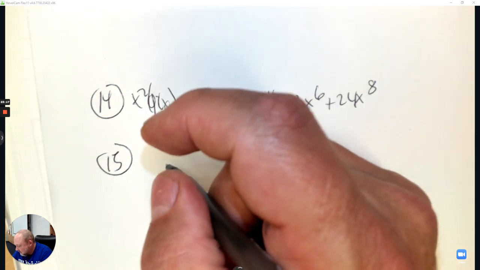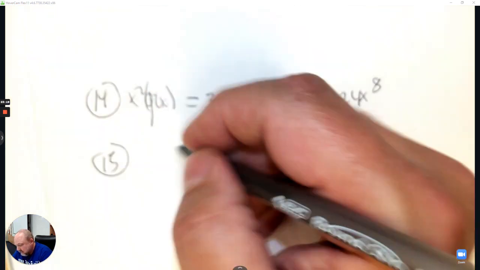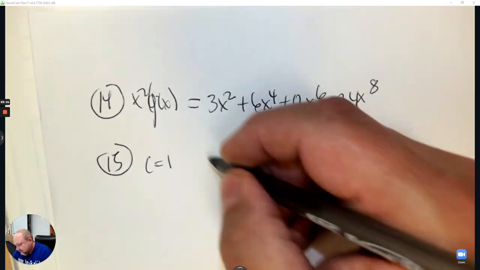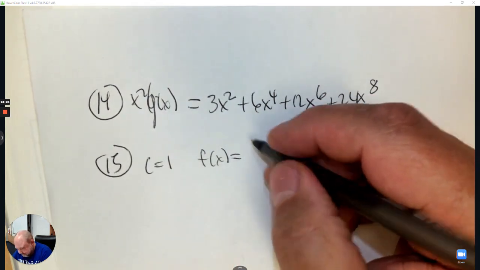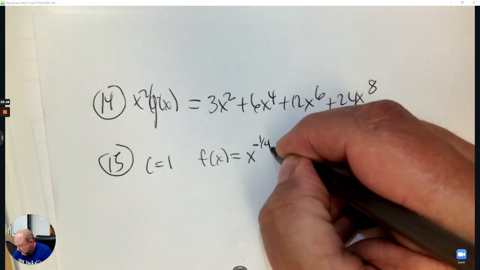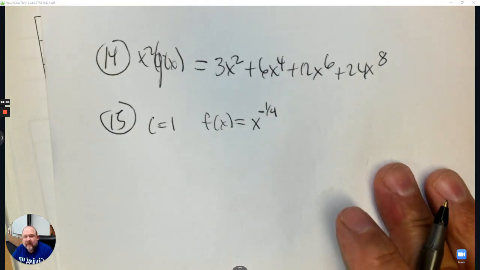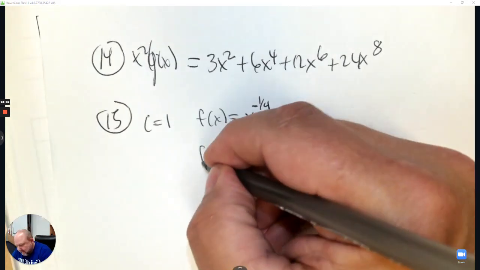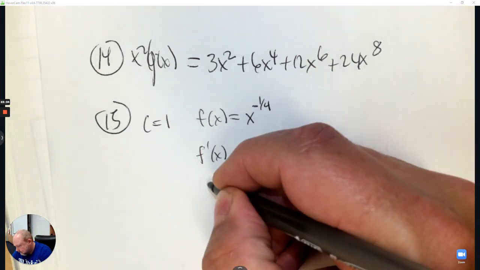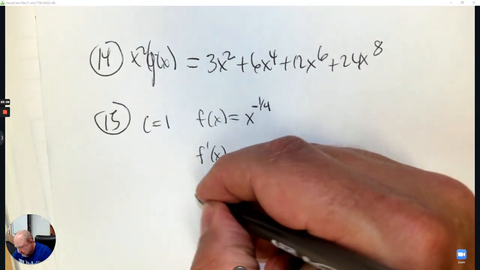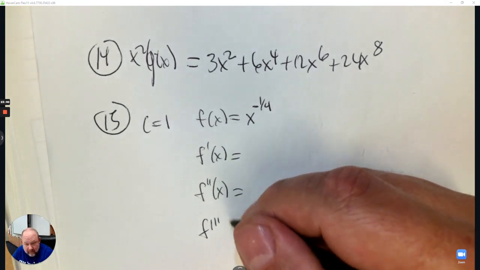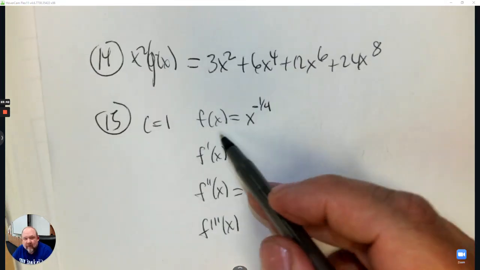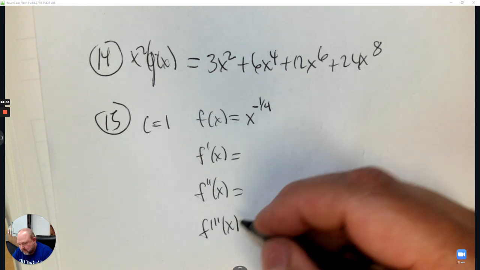Number 15. Show 4 terms of a Taylor series centered at c equals 1 for this function. Now I'm going to write it in calculus friendly right away. So what do I need to do? Well, I need to take the derivative, and it says 4 terms. So this is going to give me not a 4th degree, but 4 terms. So 1, 2, 3, 4 terms.